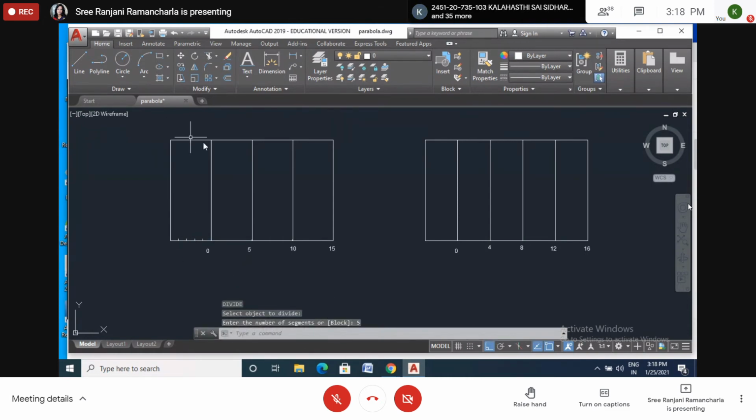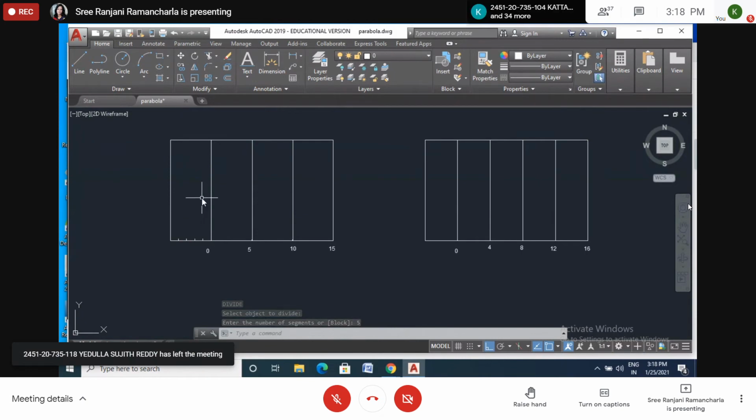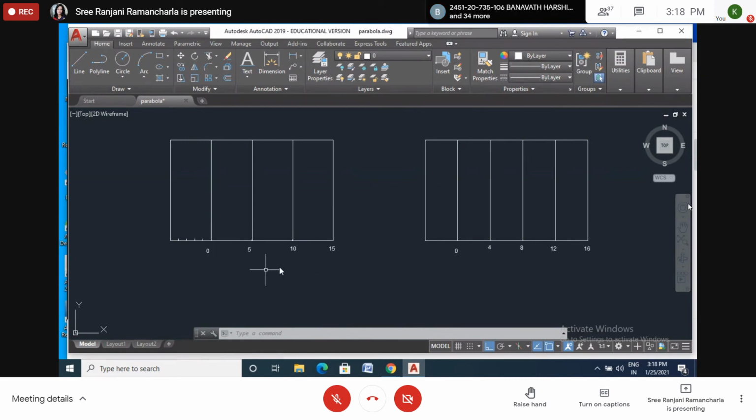And here also you divide into 5 and draw the diagonal lines. I am just explaining, I will not draw this one. If it is 5, what are the units? 0 to 15, what are the units?